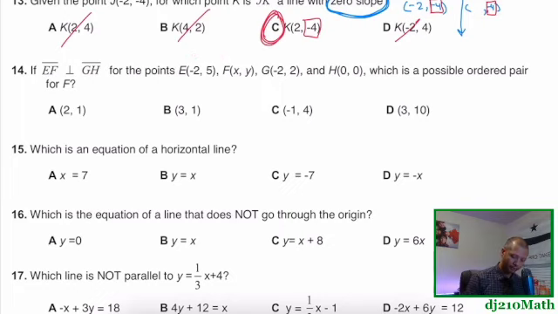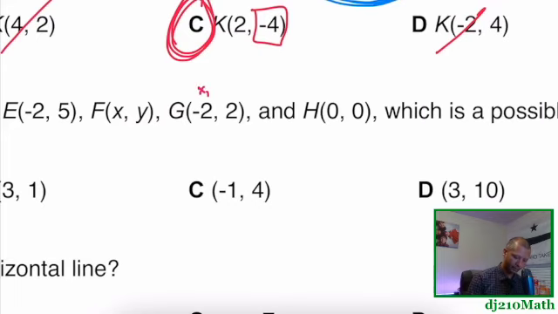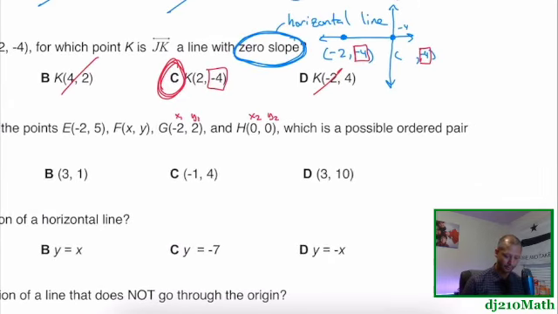So let's find the slopes of G and H. X1, Y1, X2, Y2. If we find the slope of G and H, then we can figure out what the slope would need to be for E and F for it to be perpendicular.